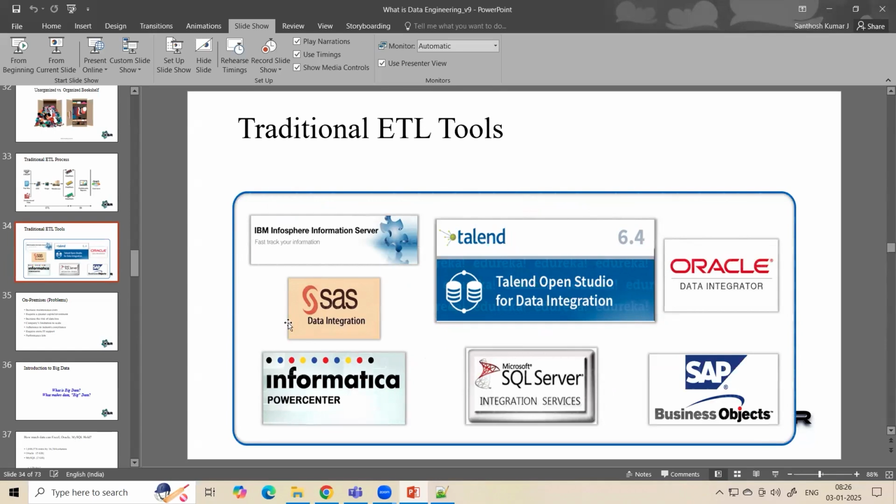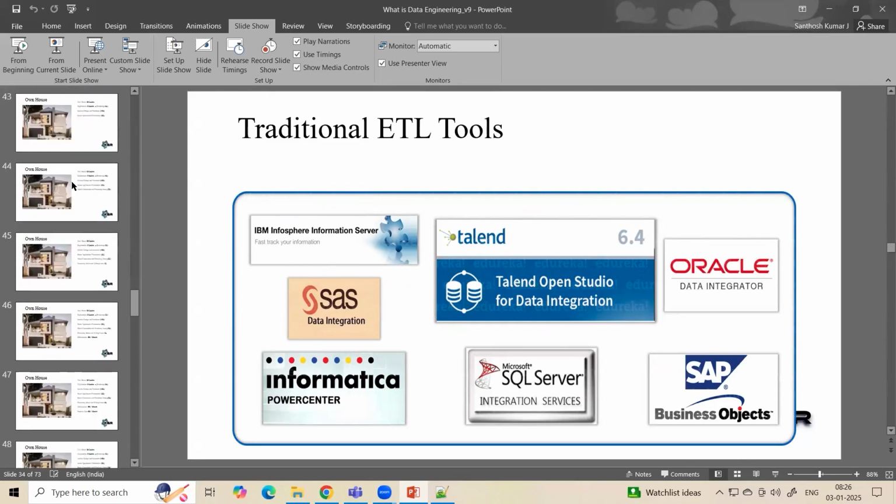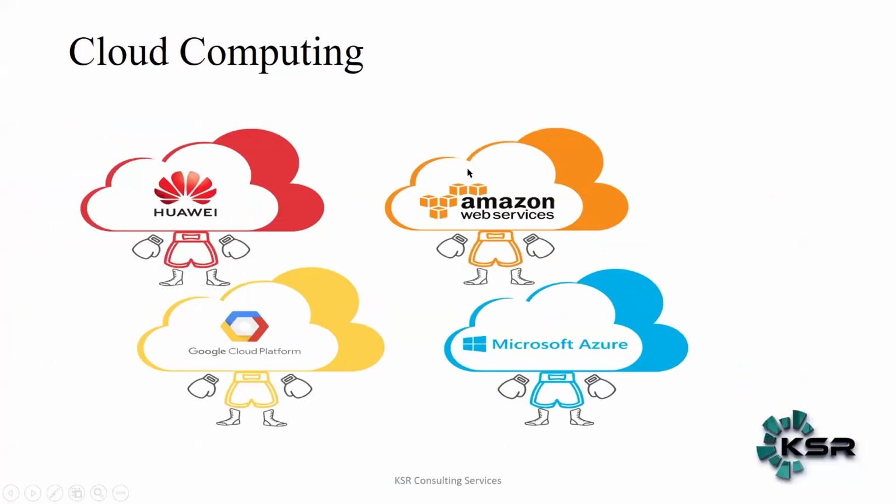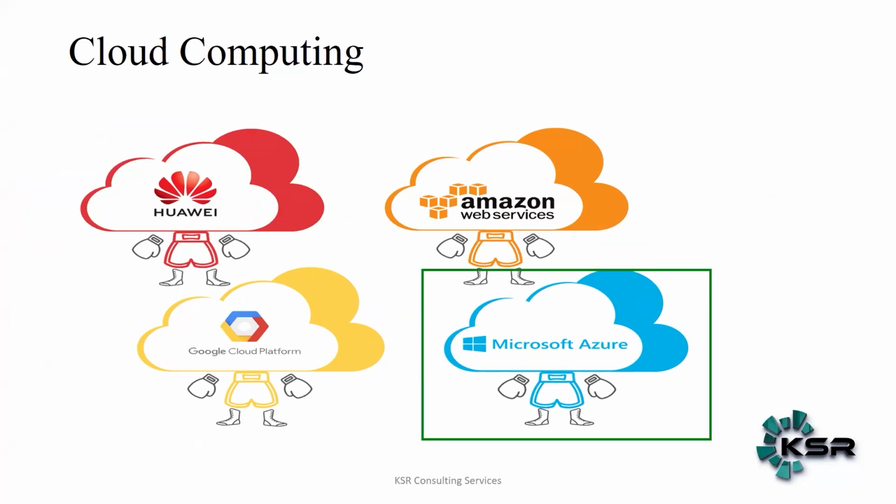So for the entire set of tools which can do data cleaning, data transformations, and data loading into different systems, we are not going to do anything on-prem. We are going to choose a cloud service. And from data engineer, now we are moving to cloud engineer. That entire building of the pipeline we are going to do with Azure.